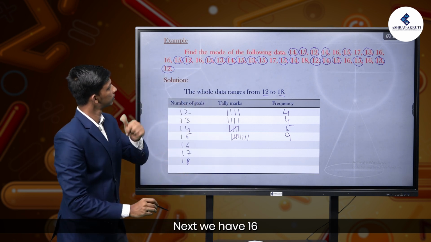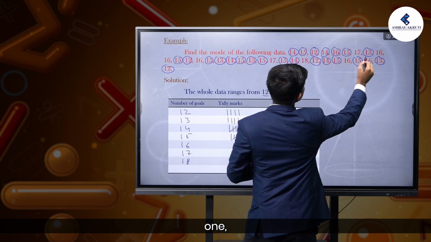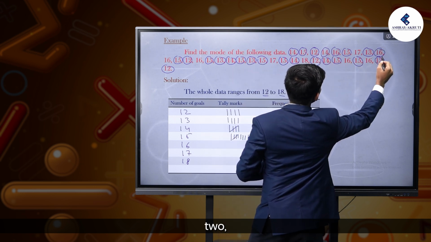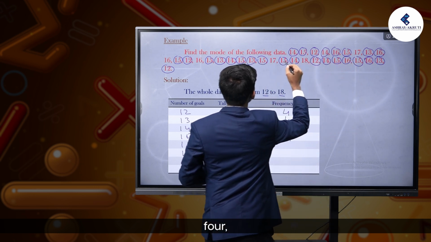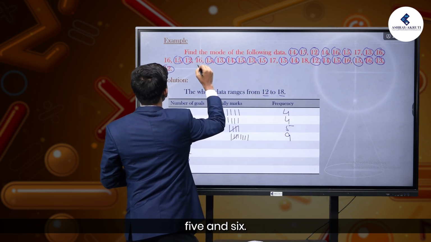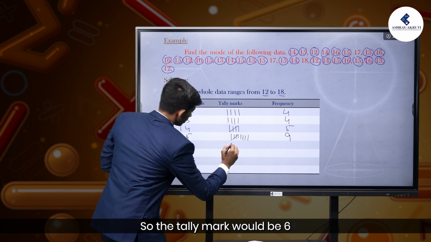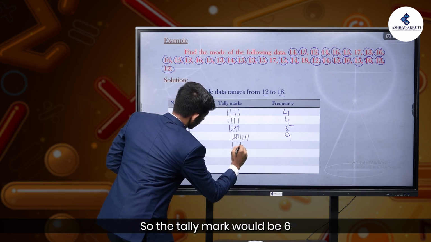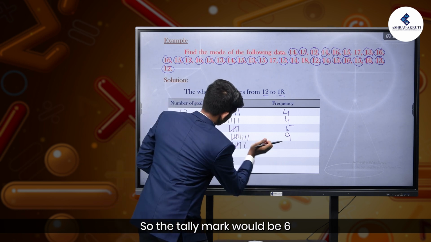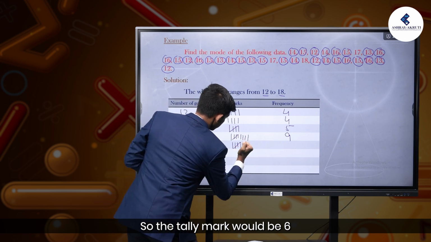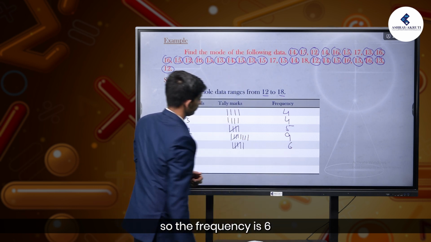Next, we have 16: 1, 2, 3, 4, 5 and 6. So the tally mark would be 6, and the frequency is 6.